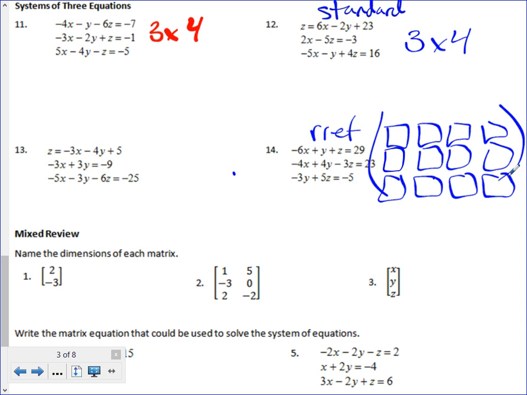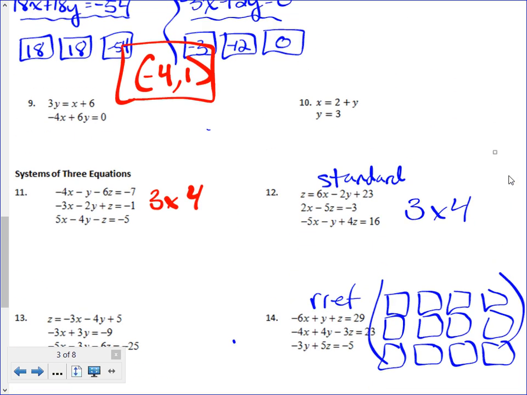Whatever you don't get done in class, when you don't have a calculator, kind of recreate the calculator environment. Do the steps you would do on the calculator. All right.